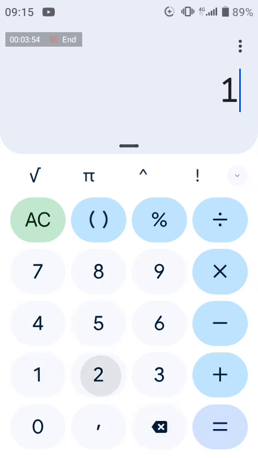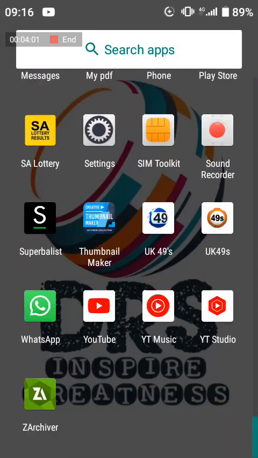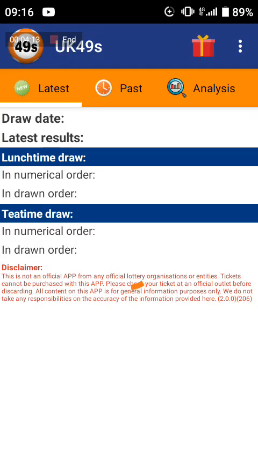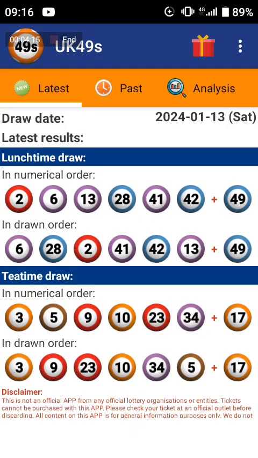We're going to check for a draw where 12 and 35 played. I think this draw was played on the 12th of December 2023. I think 12 played as it was the first number that was thrown, and 35 was the last number that was thrown, which is a bonus.